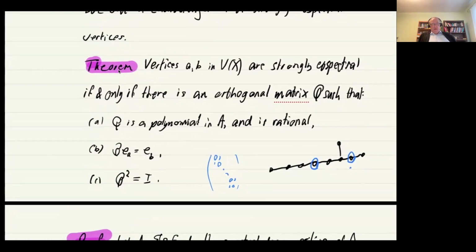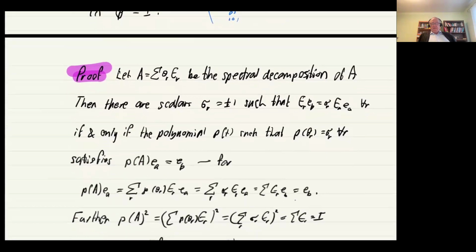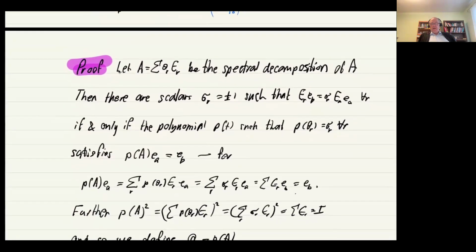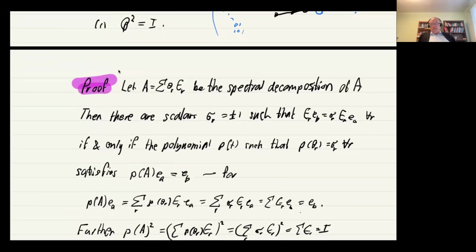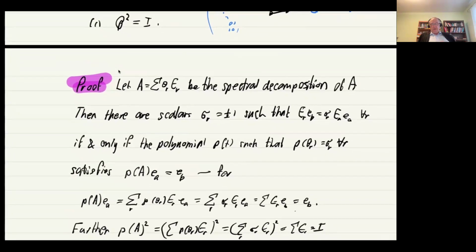Okay. So, we start with the spectral decomposition of A, and we've got our two vertices a and b that are strongly co-spectral. Then there are scalars sigma_r taking values plus or minus 1, such that E_r e_b is plus or minus E_r e_a.